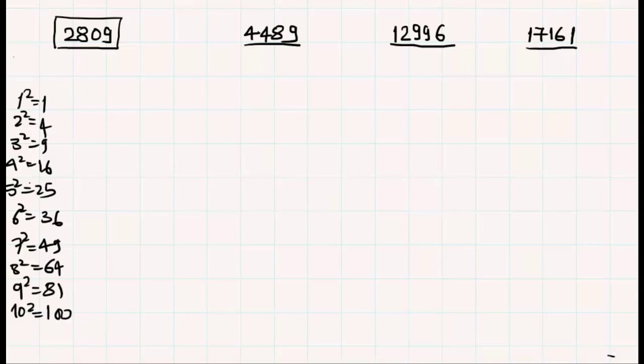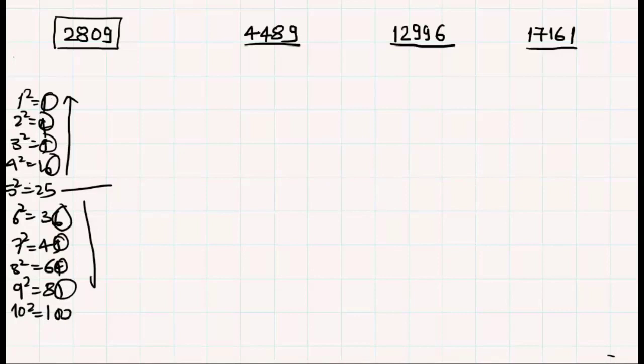So, all the square numbers above 25 have 6, 9, 4 and 1 in the unit place, and the ones below it also have 6, 9, 4 and 1 in the unit place, right?